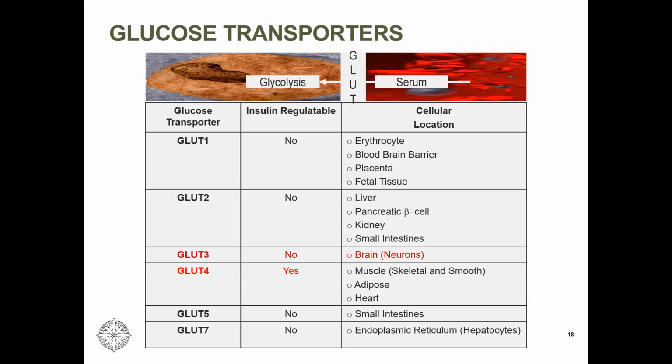So this is kind of a list, and you would notice I have highlighted a couple of them in red. So it will be a good idea to save it in your notes. So you can see how much variety we have. Each cell has a separate GLUT transporter. Each cell needs glucose.